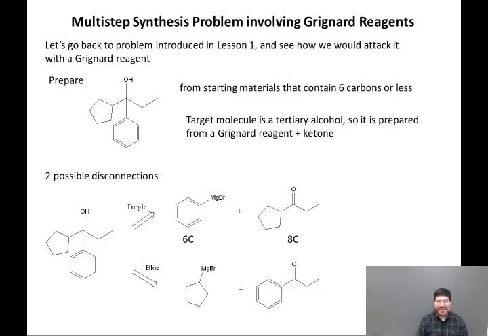The blue disconnection reacts cyclopentyl magnesium bromide, a 5-carbon Grignard reagent, with phenyl ethyl ketone, a 9-carbon ketone.